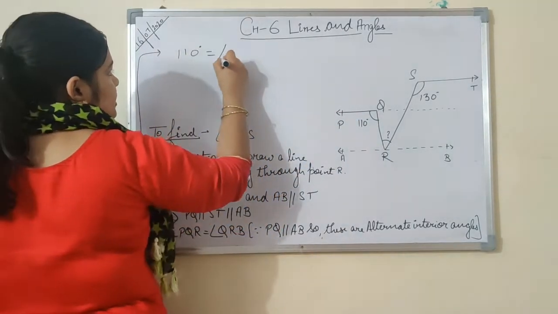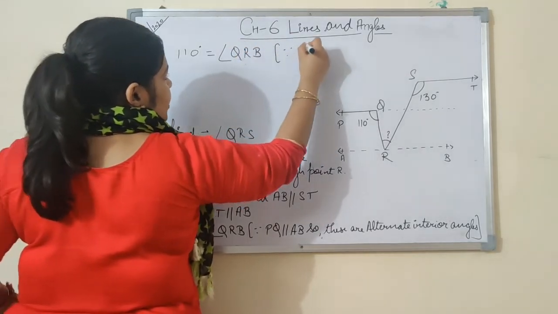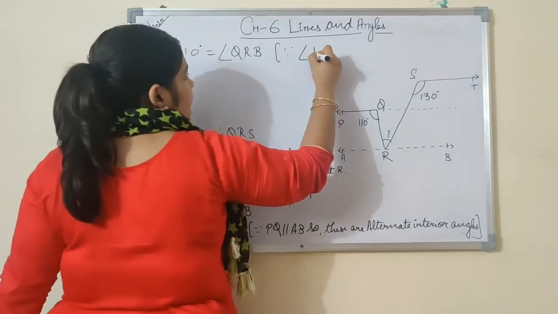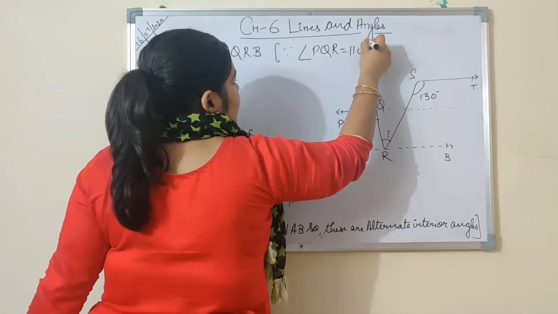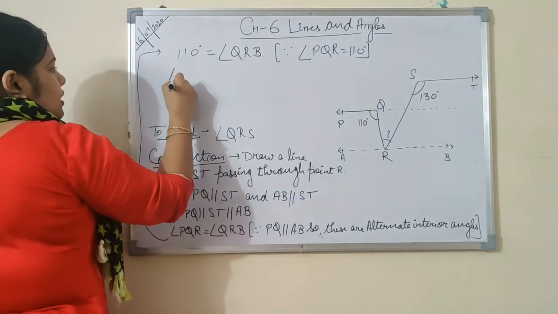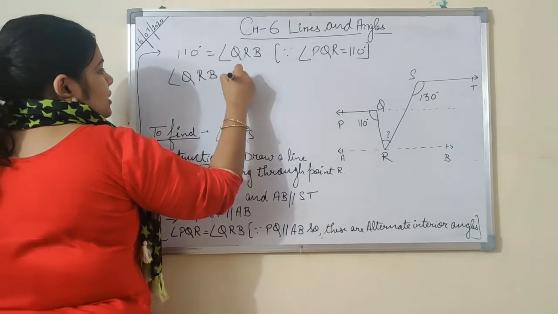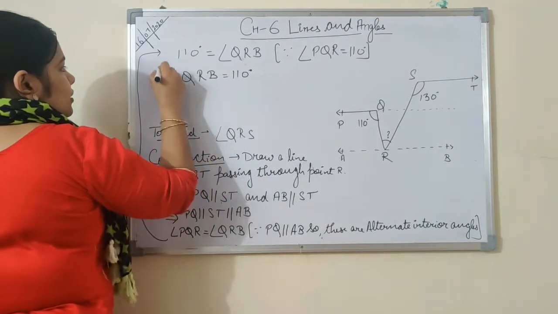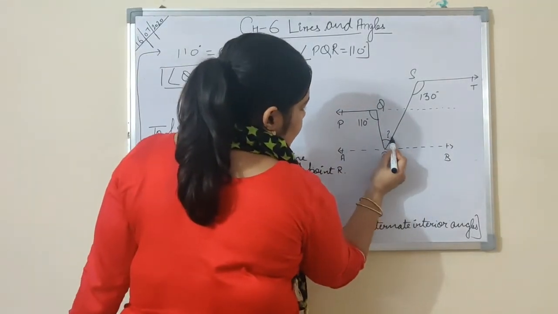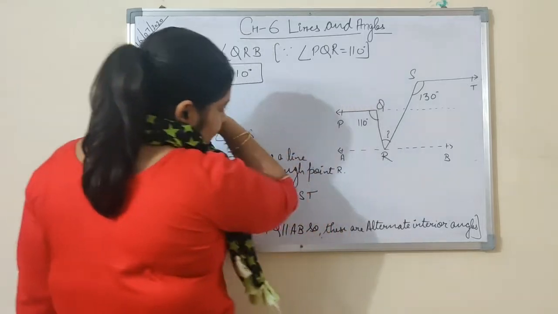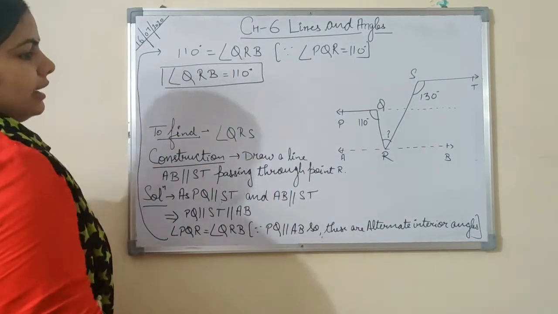Then we can write angle QRB as it is. And in brackets I'm writing, because angle PQR is equal to 110 degrees. So in the next step, I can say that angle QRB is equal to 110 degrees. So this angle we got: angle QRB is equal to 110 degrees.